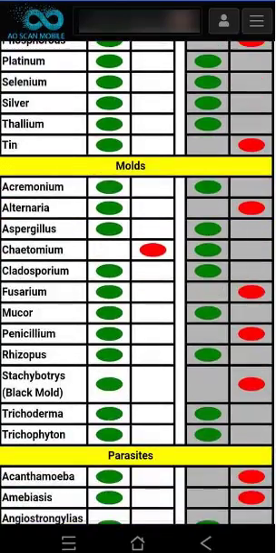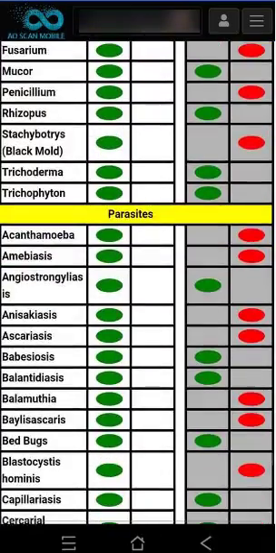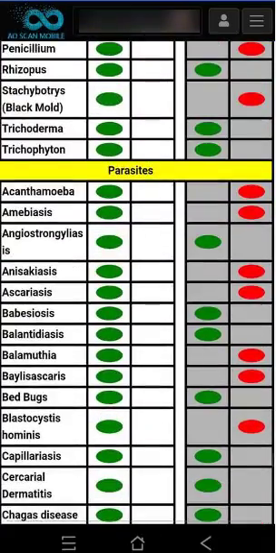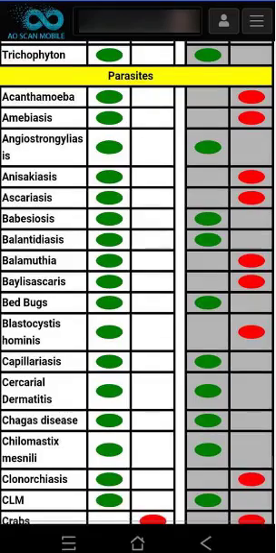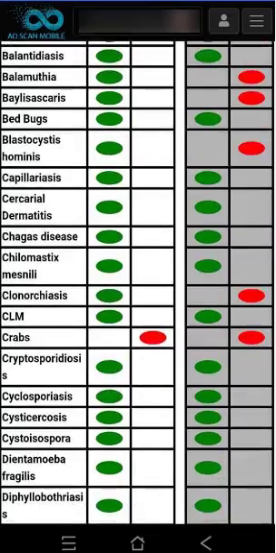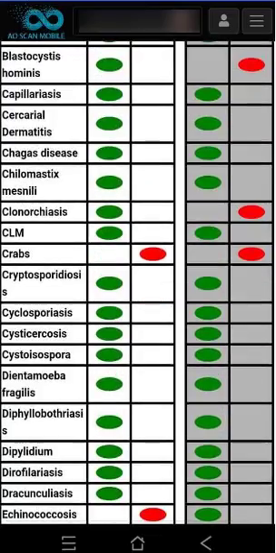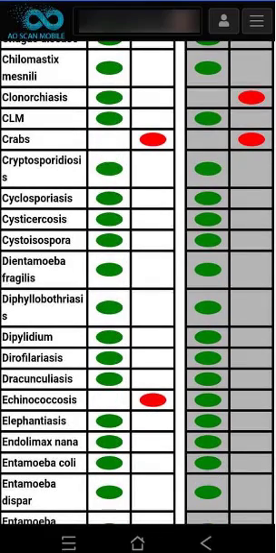Some mold. Now we're looking at parasites, and this person lived for a while in the east in jungle areas, and so it looks like they've got quite a few parasites that they're dealing with. And so you'd want to take herbals to fight them off, as well as the good bacteria.